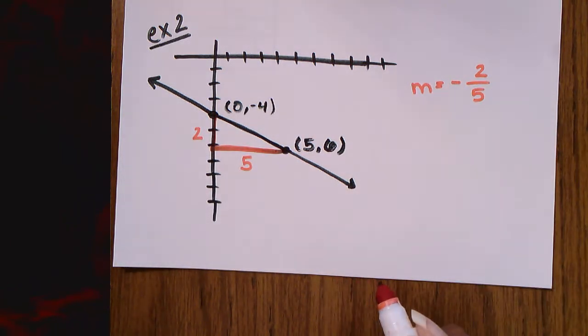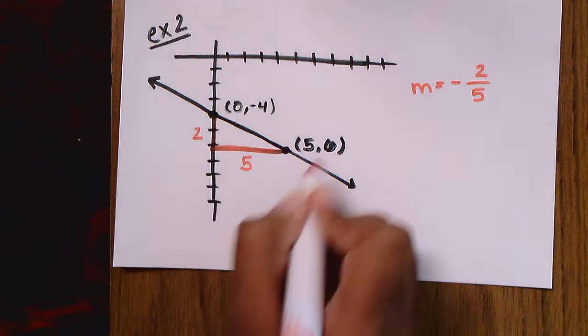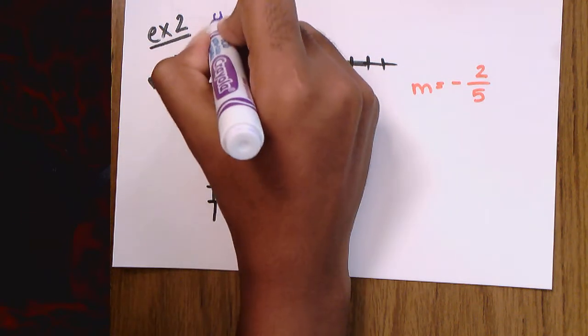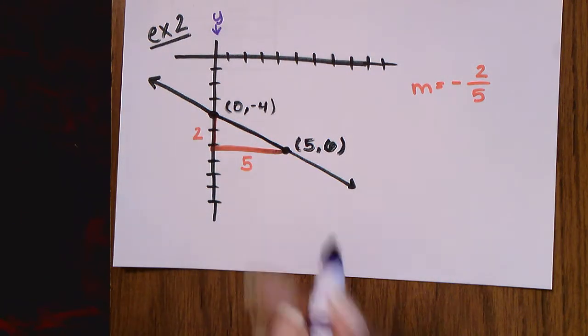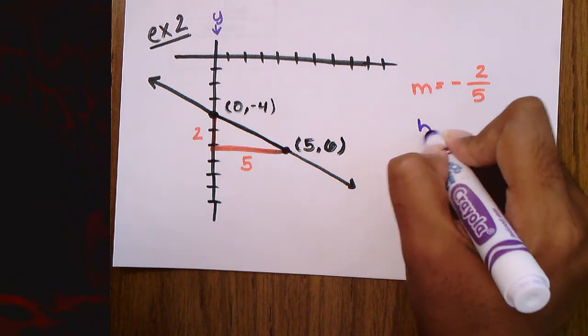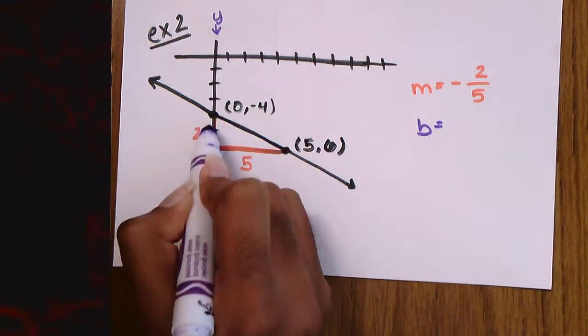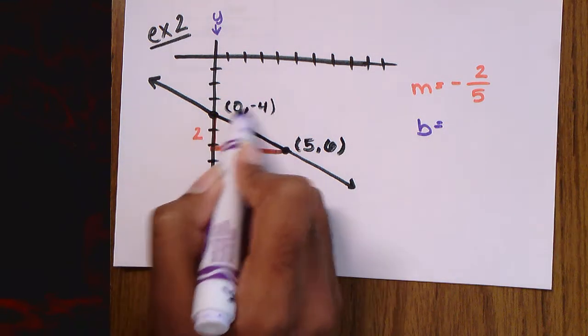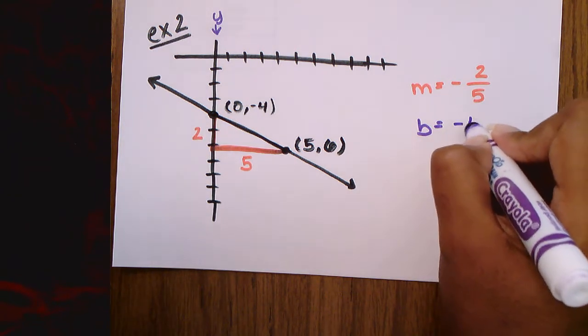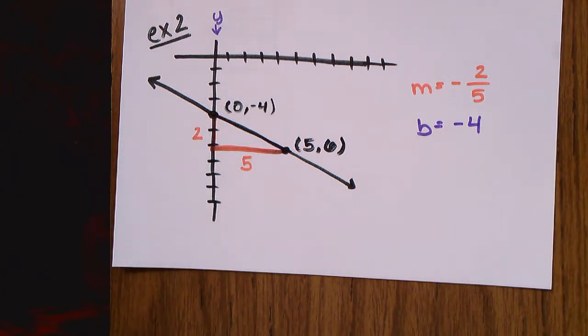So that's -2/5. That's the slope of my line. My y-intercept, again, that is where our graph crosses our y-axis. And here, this is our y-axis, our vertical axis. So I know that my b, my y-intercept, is going to be here, right at -4. And in fact, that was one of the points that we used. So our b is going to be -4.